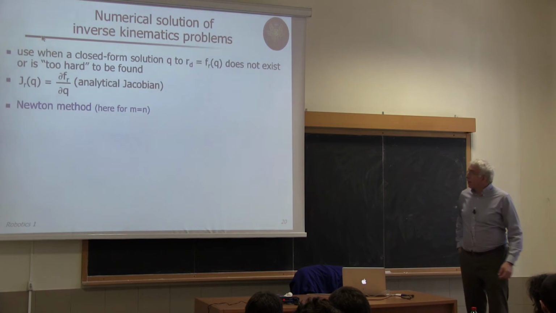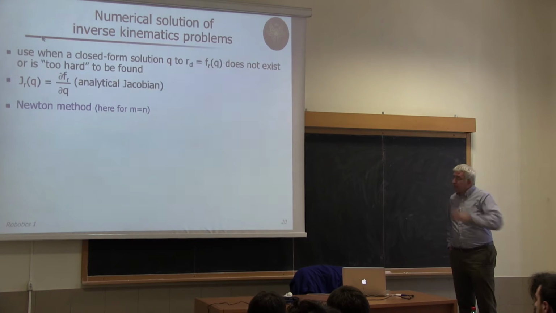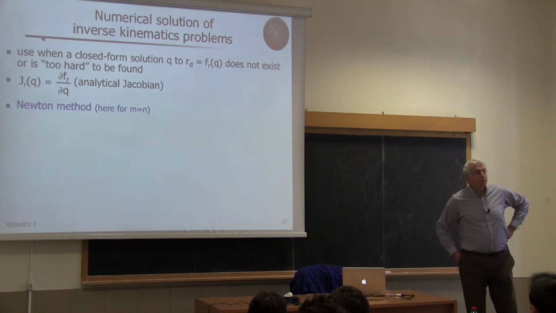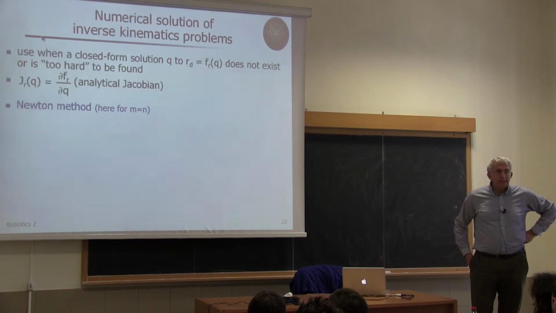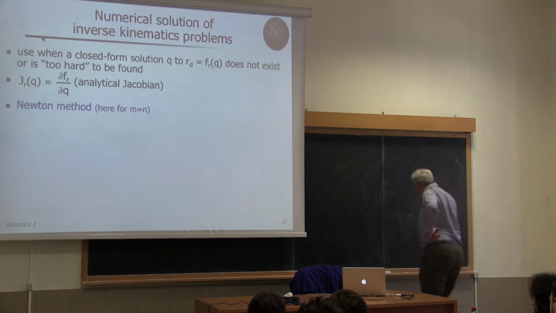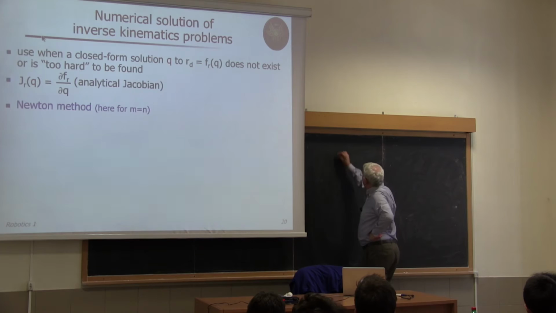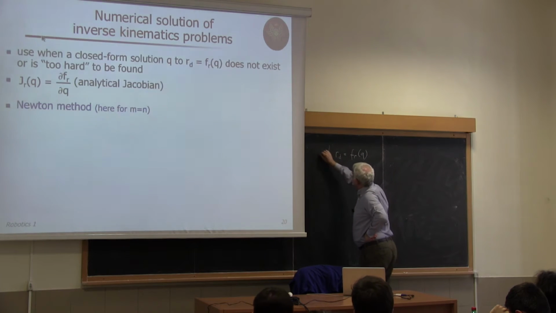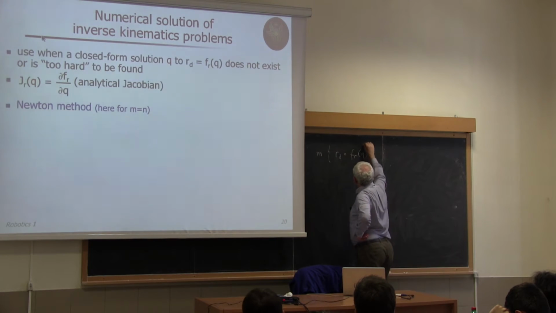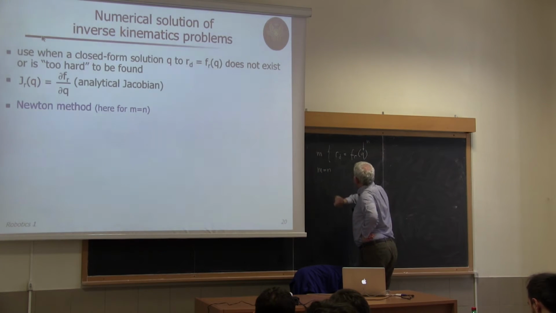First, we will start with the Newton method, and I will introduce it first for the case where this Jacobian matrix is square. So how does the Newton method work? Remember that we have to solve this, in this case m, this is n, and we are considering m equal to n.